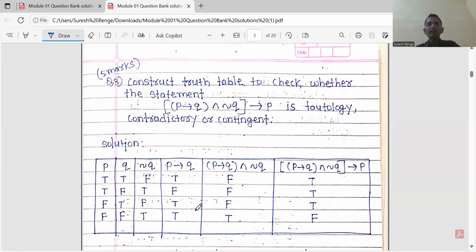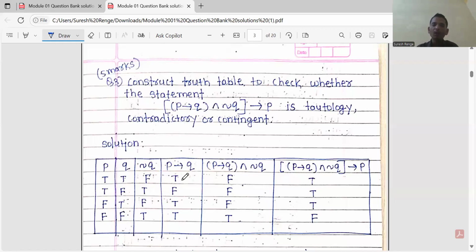Now we want to find the value of (P implies Q) and negation Q. In the logical connector 'and', only when both values are true is the result true; otherwise the result is false.